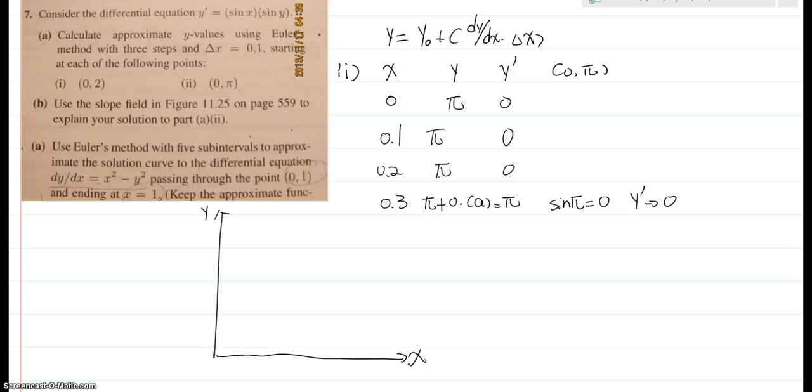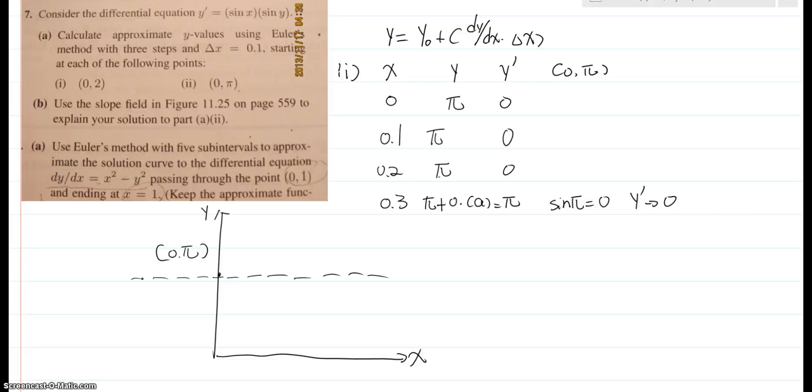But if you start looking at y prime, you start at 0, pi. Let's see, this is 0, pi. That means no matter how much you move horizontally from that point, the y prime is always 0. What does y prime 0 mean? It means that it's a horizontal line. So if you start with the point 0, pi, you're going to have a slope field that looks a lot like this, which turns out really nicely to be a horizontal line.